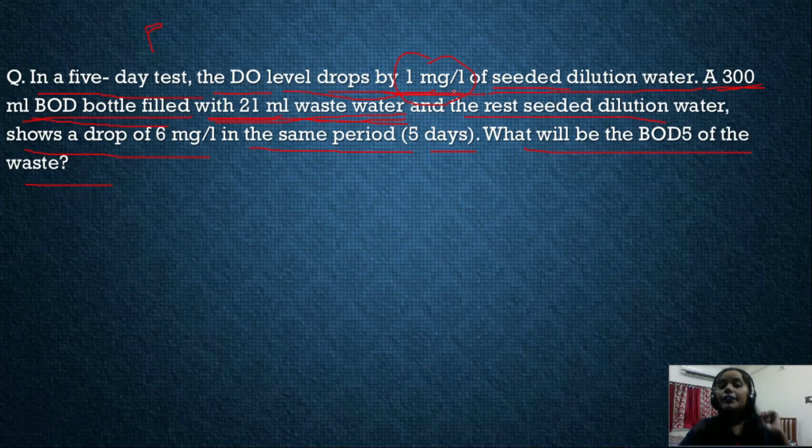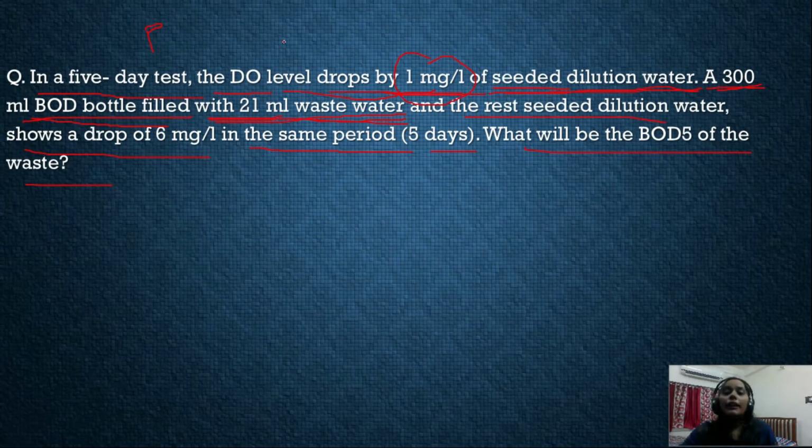Now, for which bottle? Bottle 1 or bottle 2? This is the value given. So, for which bottle? Look here, 1 milligram per liter of seeded dilution water.